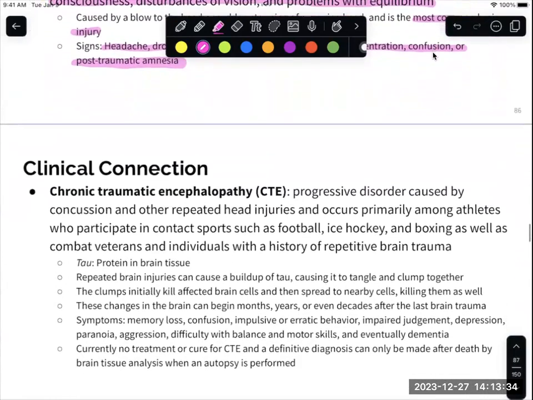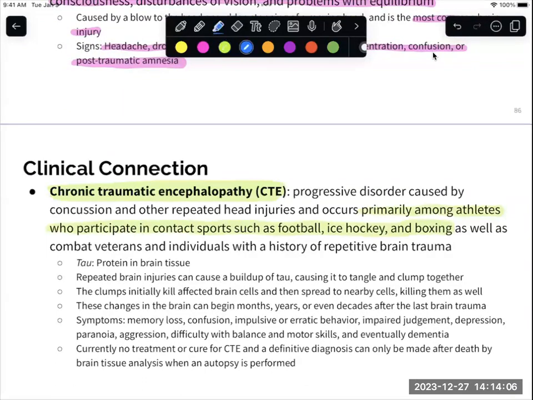Chronic traumatic encephalopathy. This is a very progressive disorder caused by repeated concussions. You see it primarily in athletes of contact sports like football, ice hockey, and boxing, but you can also see it in combat veterans.